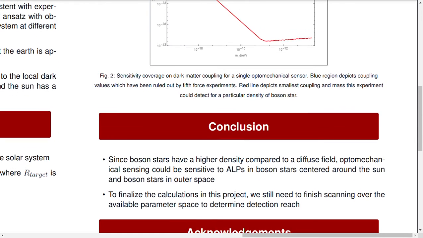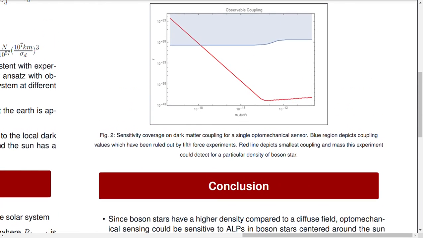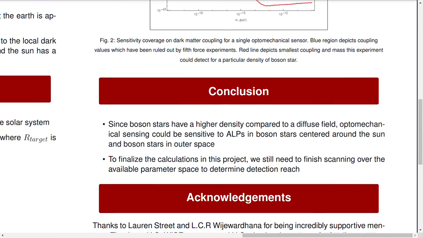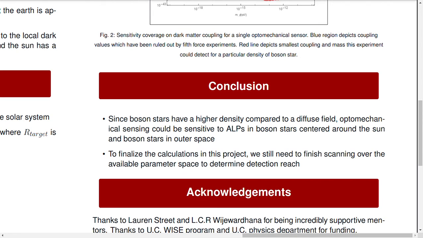For the calculation above, I used a particular value for self-coupling and for the number of particles in the star. But by changing this value, we would get a different limit on the smallest observable coupling, which could change the parameter space that we would be looking in.